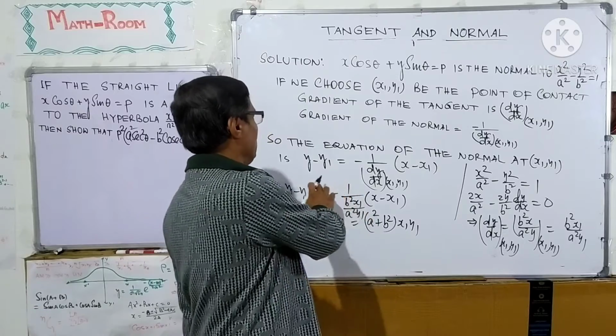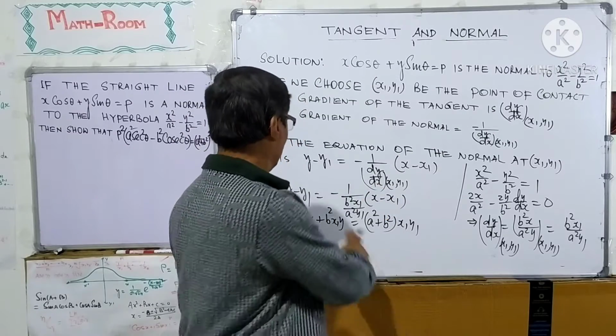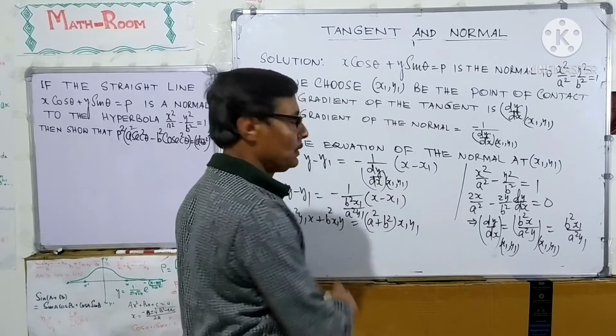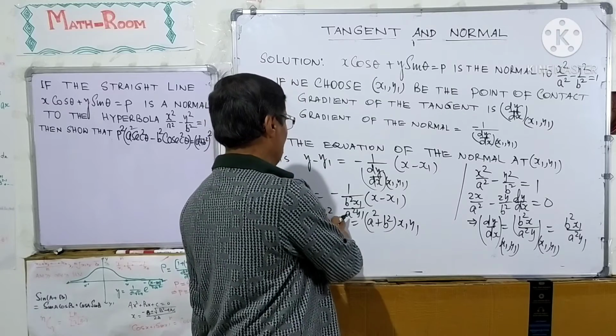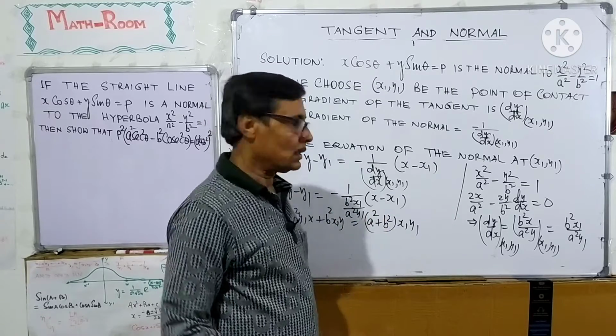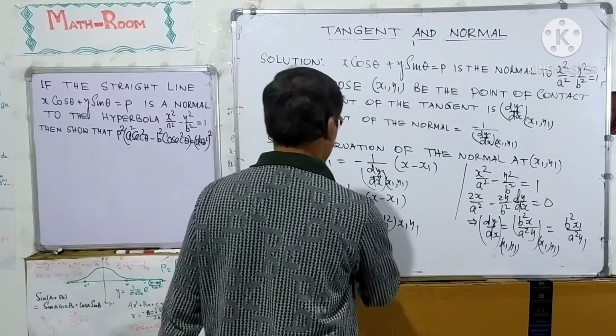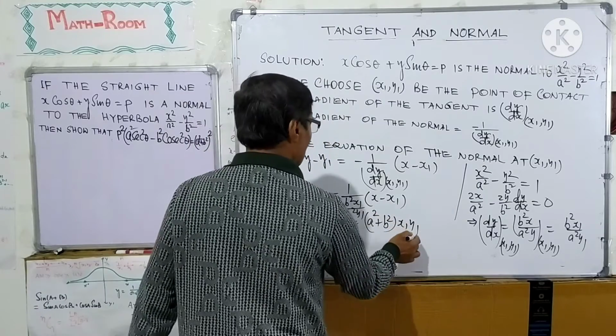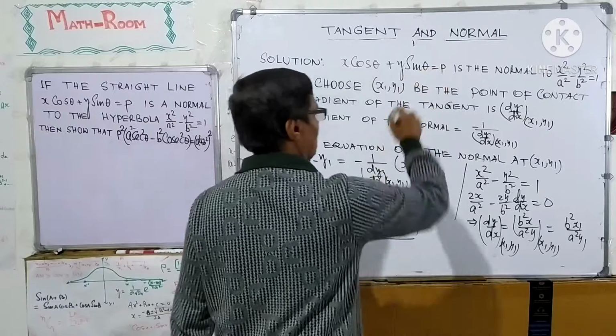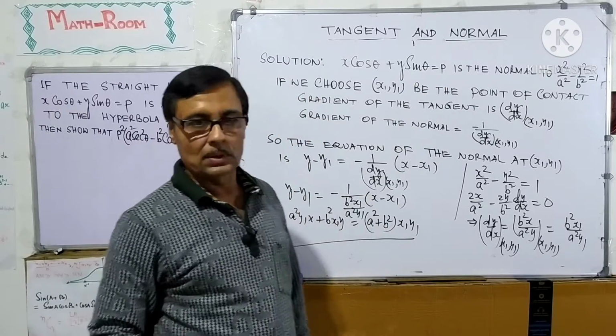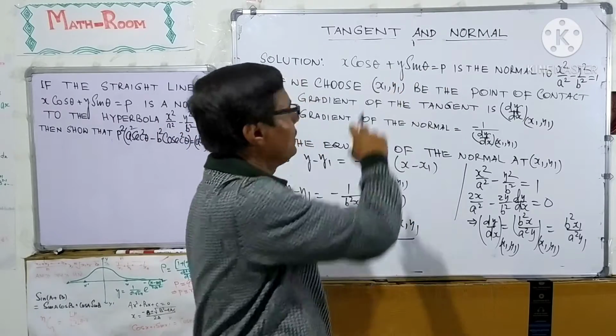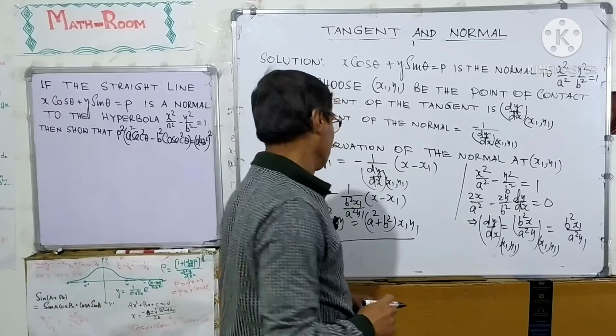After simplifying this equation, we get a square y1 into x plus b square x1 into y equal to a square plus b square x1 y1. This is the equation of the normal, and this equation and this equation are the same equation, that is, these two equations are the equation of the same normal.